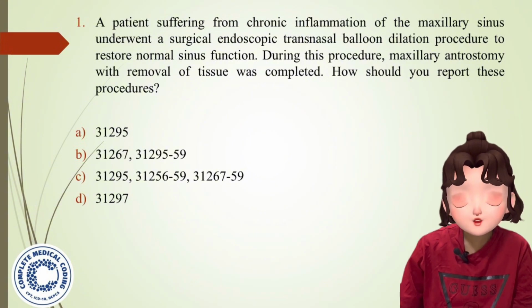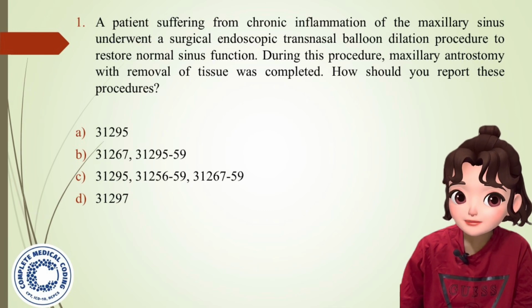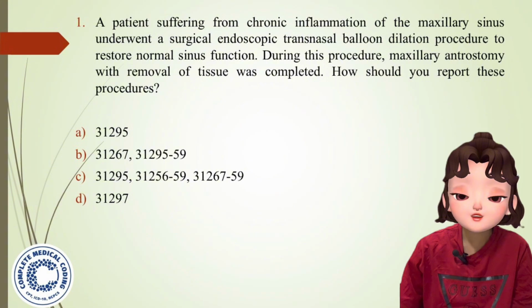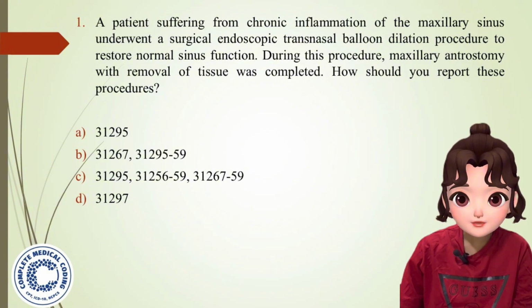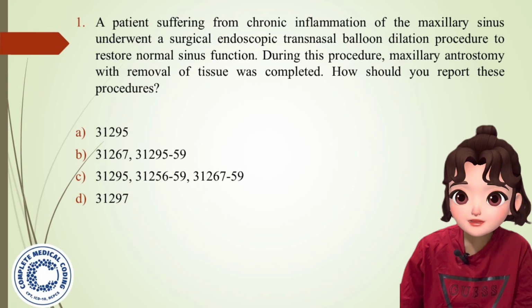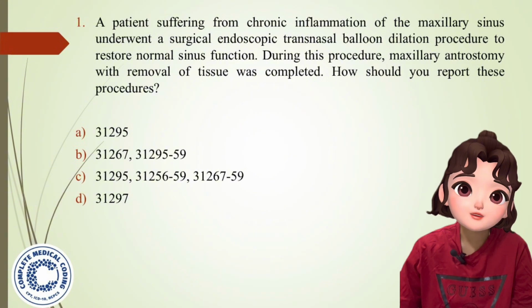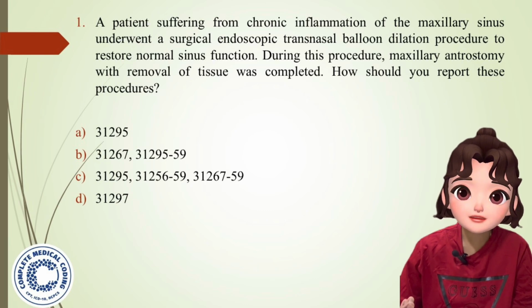So you should not code 31295 along with 31267. You should not code both codes together if performed on the same side. So option B is wrong. Only 31295 you have to code. So obviously the answer will be option A.